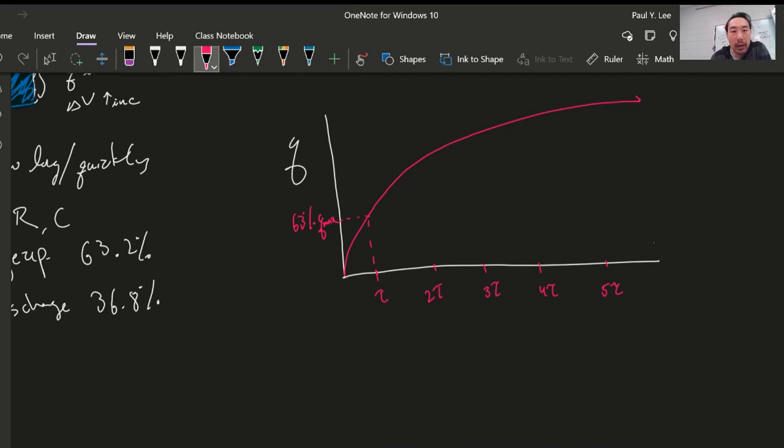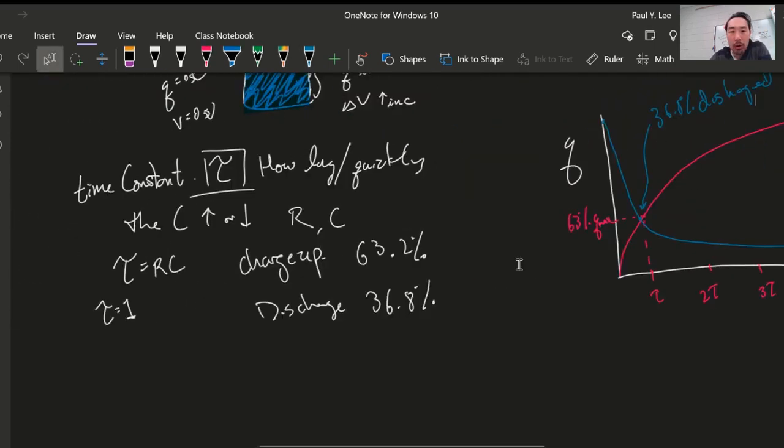Versus a discharge scenario, which looks like this, tau 1 right there would be equal to 36.8% discharged. So that's tau 1 for both scenarios. It represents different things, but the formula for tau is the same, RC.